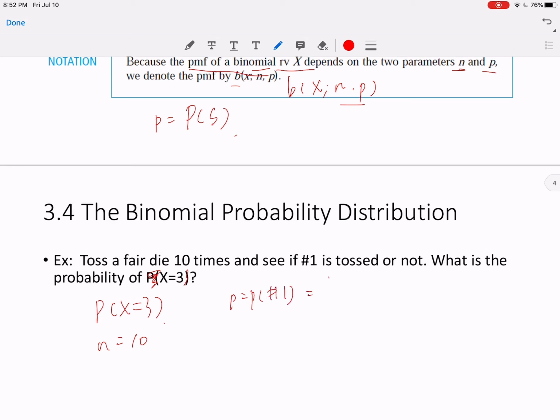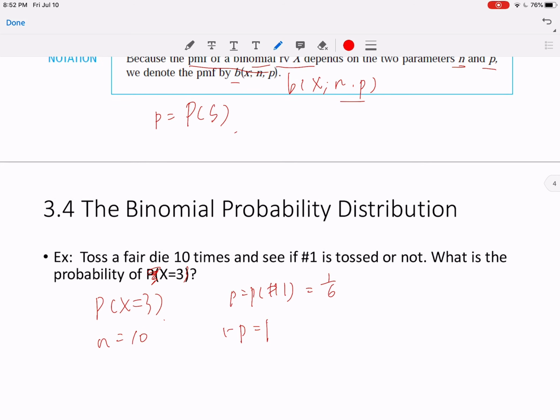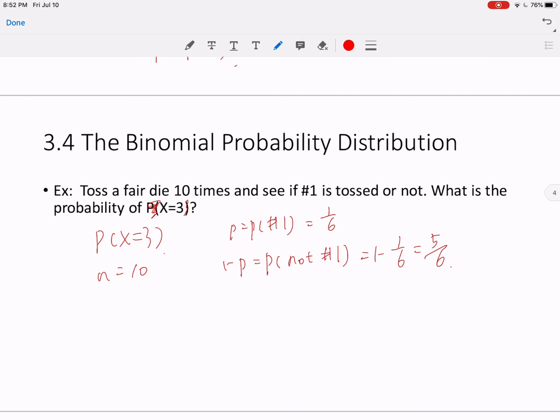That would be 1 over 6. Then 1 minus p would be equal to the probability of not 1, which is 1 minus 1 over 6 is equal to 5 over 6. Now we're looking for the probability of x is equal to 3.